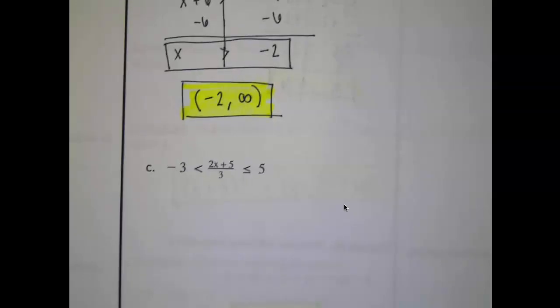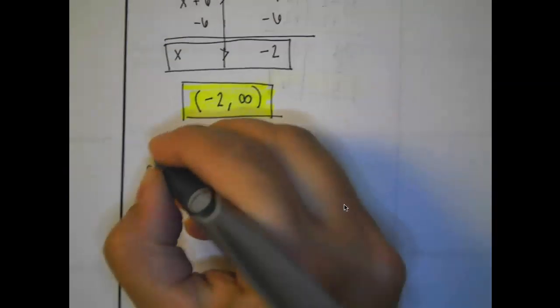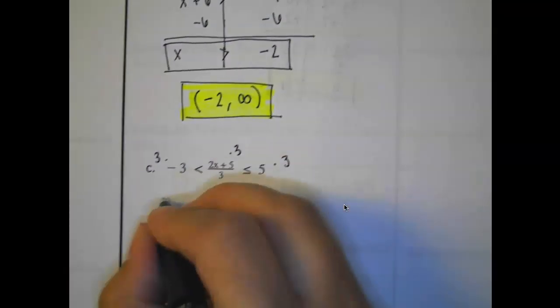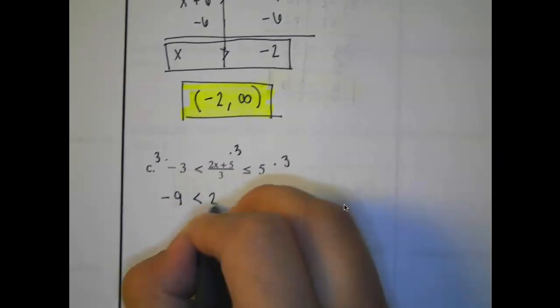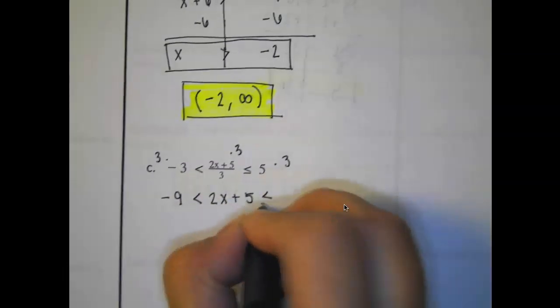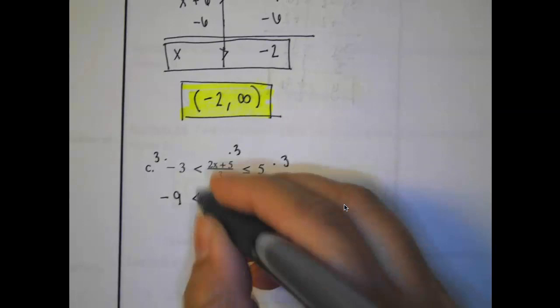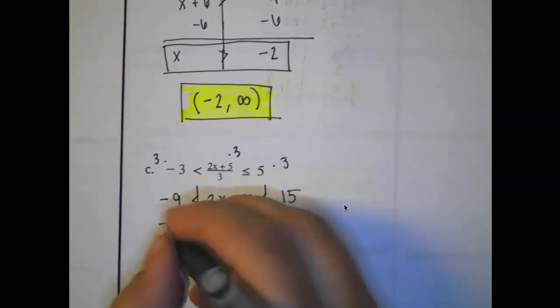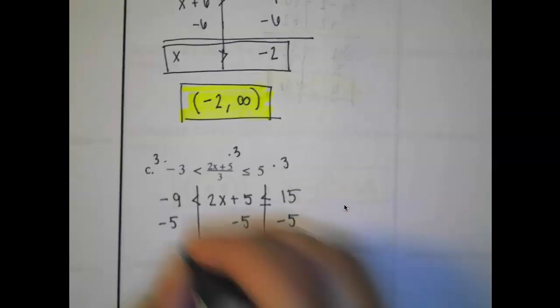Okay, so the only difference between this one and the previous one is that this time when you're getting rid of the fraction, you need to multiply all three sides by the denominator. When I do that, I'm going to get negative 9 is less than 2x plus 5 is less than or equal to 15. And then you just proceed like normal. So subtract 5 from both sides.